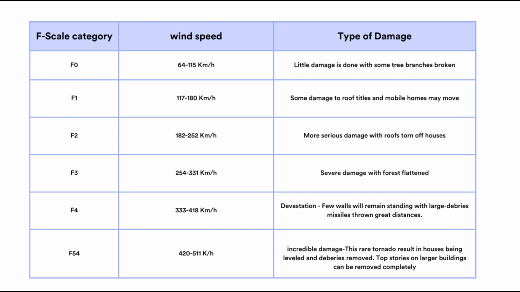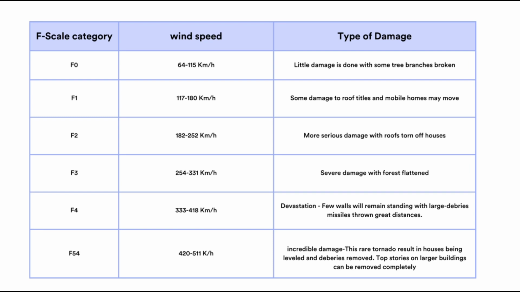If the category is F1, the wind speed will be 117 through 180 kilometers per hour. The damage will be some damage to roof tiles, and mobile homes may move.